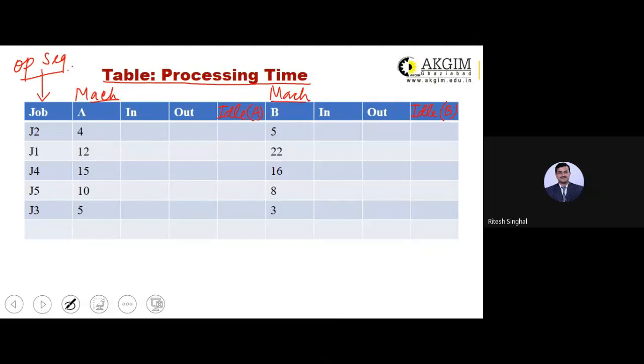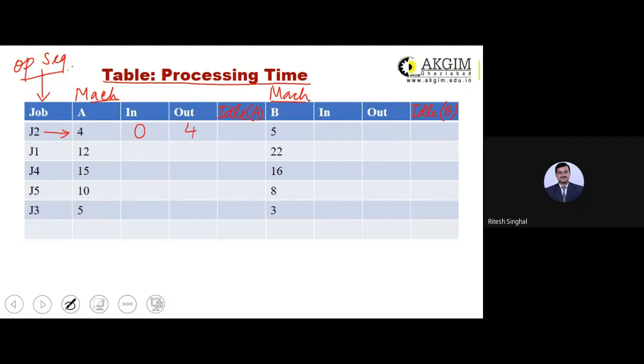Students, please keep in your mind always that you should start with 0. When your stopwatch is showing 0, then you should start. Your time starts now. So when you enter this particular job, J2, into machine A, at the very first beginning time, it requires 4 hours.